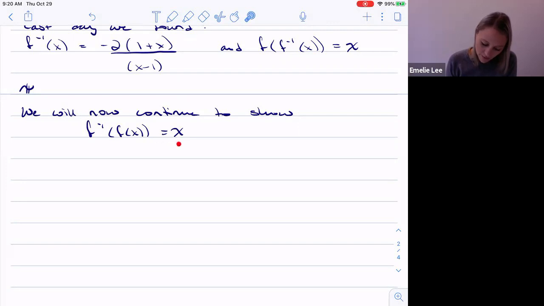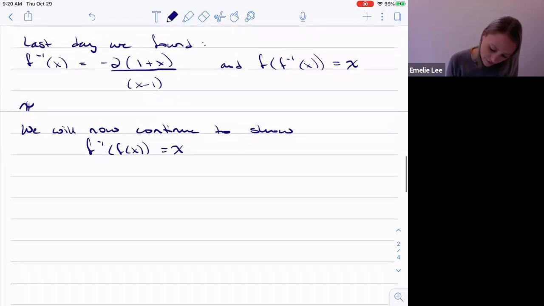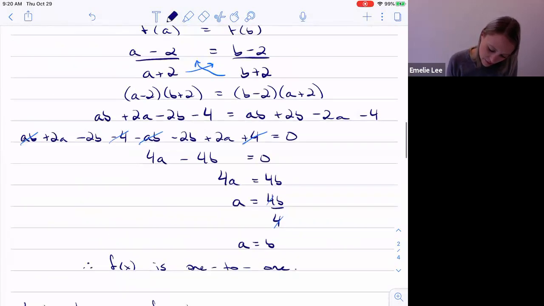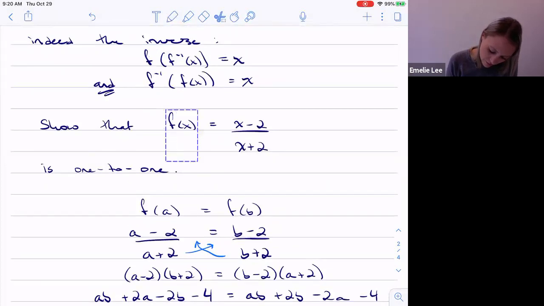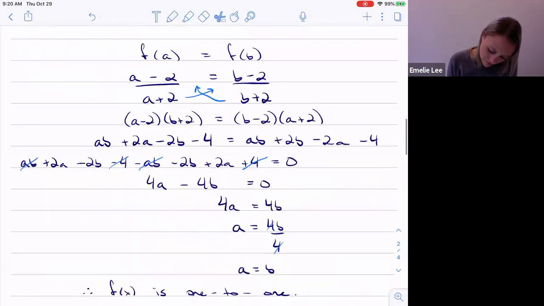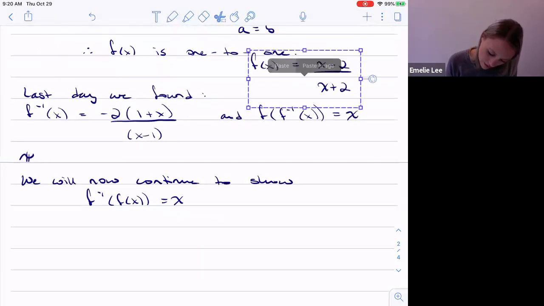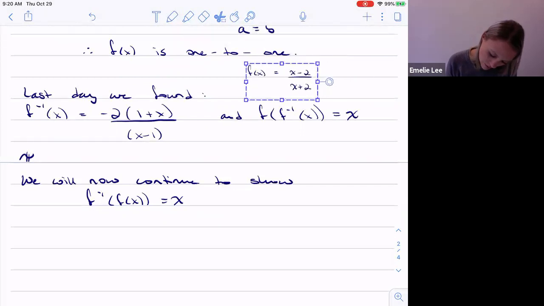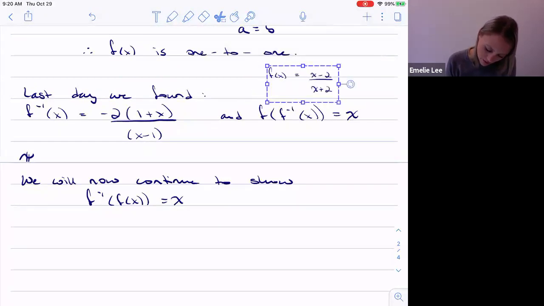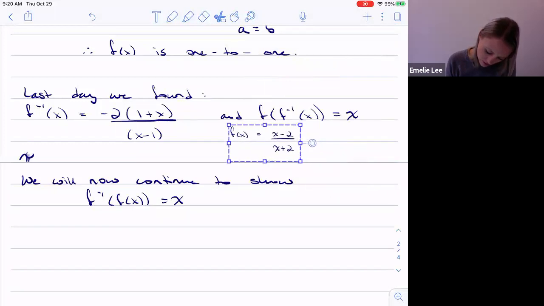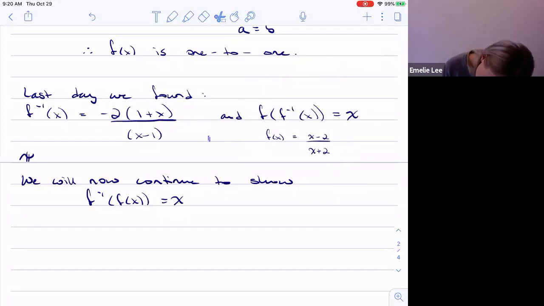All right, so let's see here. We've got our function up here. I'm just going to keep it, just because we'll need it.